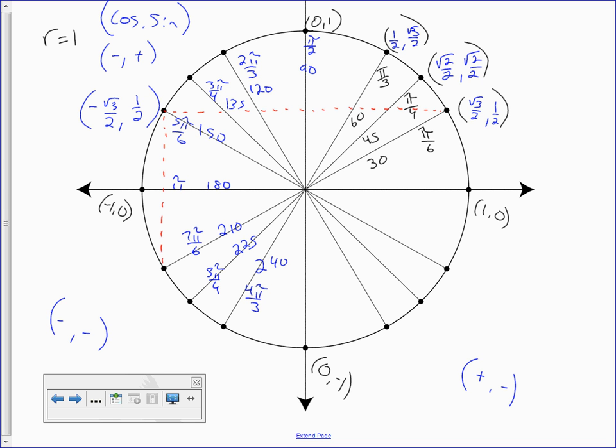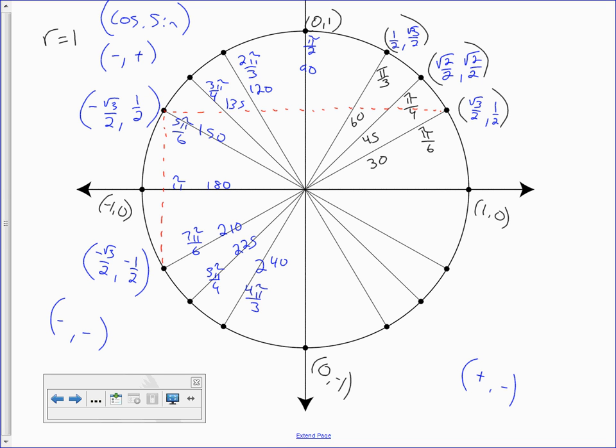As I'm going vertically down, does the x value change or the y value change? The y value changes, but the x value stays the same. So that means my cosine is the same as it is here, negative √3 over 2. But now my y value is just mirrored 1/2, but is the 1/2 going to be positive or negative in the third quadrant? It's negative. So there's your ordered pair there.